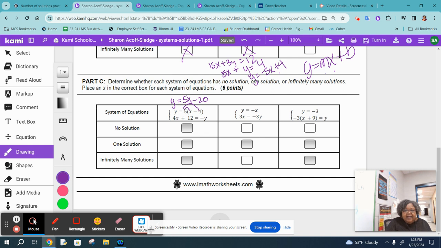Okay. And then this one, that's a negative y. So I can divide everything by a negative 1, which means pretty much to change the sign of everything. So this one becomes, I'm going to write it down here, positive y, negative 4x, negative 12. Different slopes, one solution.